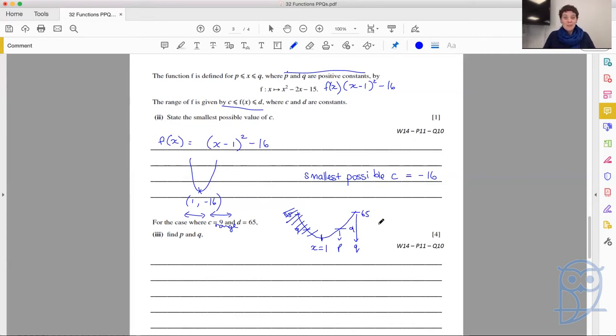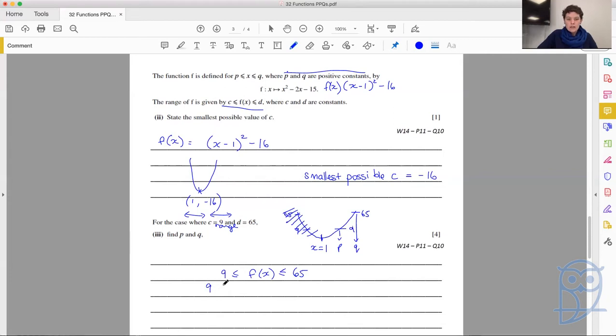So we need to set up some way to solve for this. So we know that our range is from 9 to 65. So we know that 9 is less than or equal to f(x), which is less than or equal to 65.